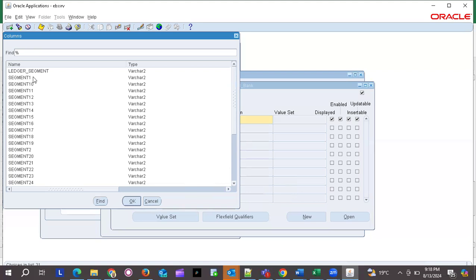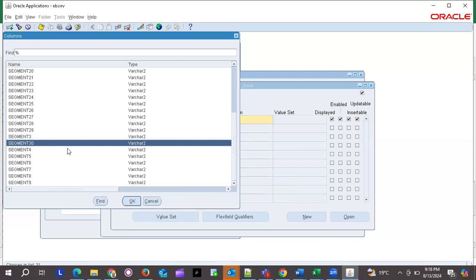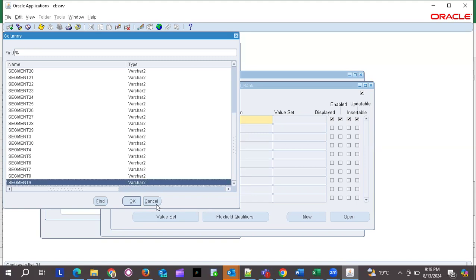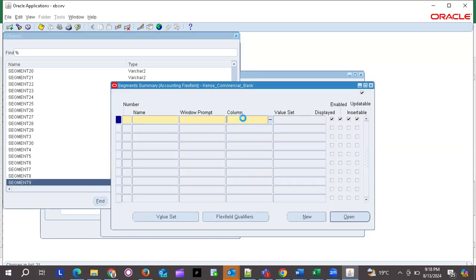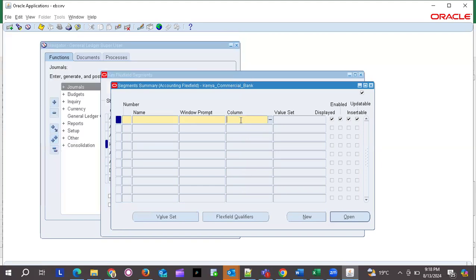You get the first one, then up to the level of 30. But we said we can have a minimum of 2, and for best practice, a maximum of probably 9. That's where we assign the segment column to give it the characteristics of the number of segment.